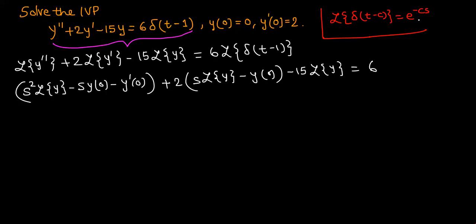We have the formula over here: Laplace of δ(t - c) is e^(-cs). So c is 1, so e^(-s).